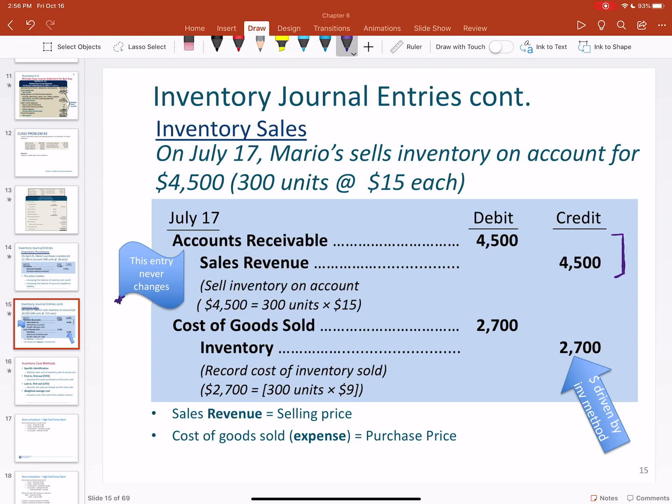I'm going to debit accounts receivable or cash for what somebody was willing to pay me, and I'm going to credit revenue. Now when I remove that inventory from my balance sheet and record the cost of goods sold, the debit to cost of goods sold and the credit to inventory, using those accounts never changes. What changes is the amounts we use, and it's driven by the method.